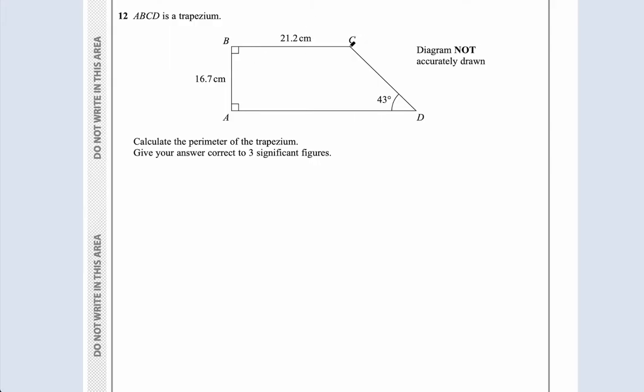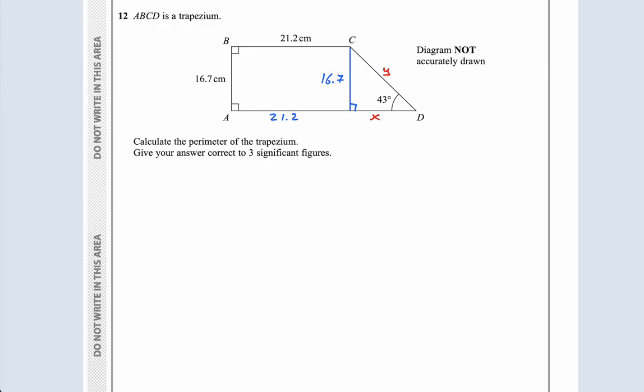So the first thing to do, I wouldn't say it's obvious, but to me it makes sense, is to draw this line straight down here, because now I have a right angle triangle with an angle, and I know this length, it's 16.7, and I know this length, by the way, it's 21.2. So basically what I need to find is x and y, and then I'll just add this plus this plus this plus x plus y, and that's my perimeter.